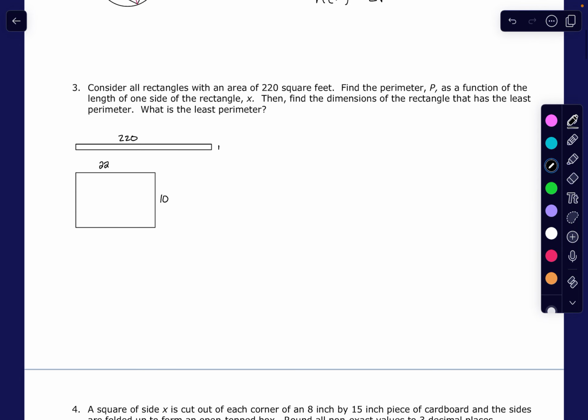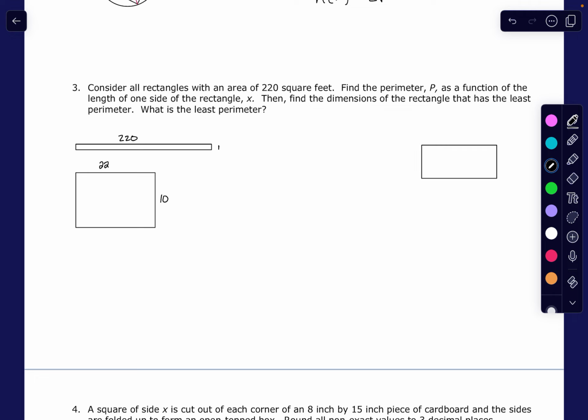Number 3, consider all rectangles with an area of 220 square feet. Note that we can have some rectangles that are very skinny and some rectangles that are a little bit more even. We're considering the set of all of those possible values, so we're going to represent our rectangle with variables.